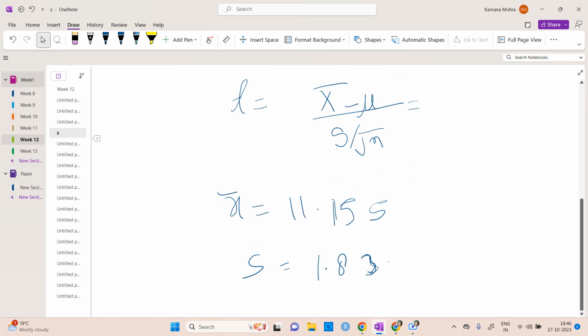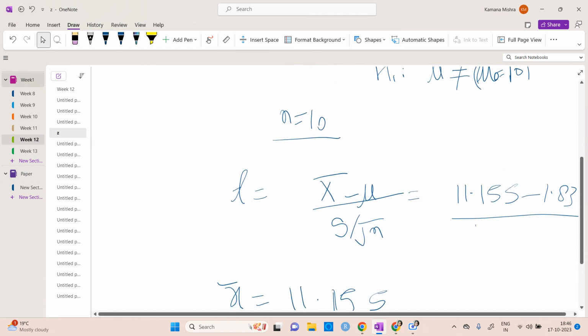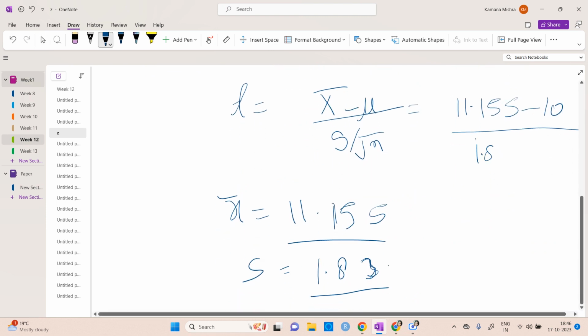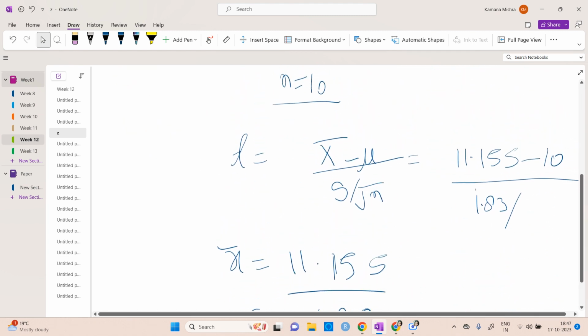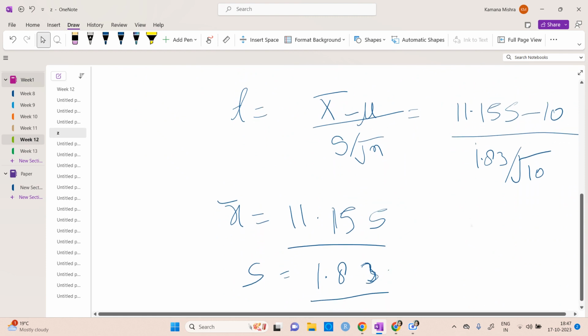Okay, now we have found x bar and s, so we can do x bar minus mu, which is 10, divided by s, which is 1.83, divided by root n, which will be root 10.